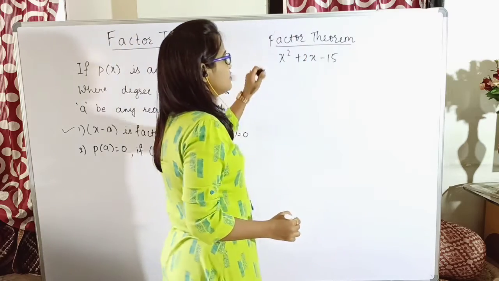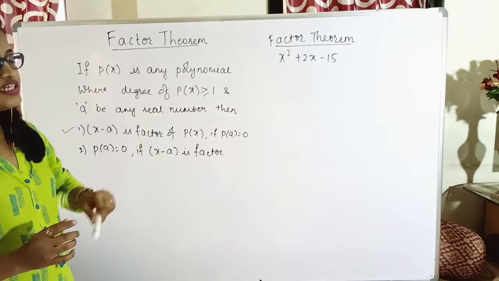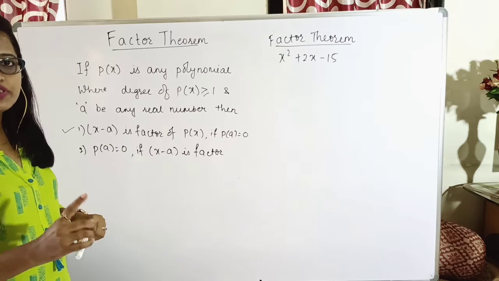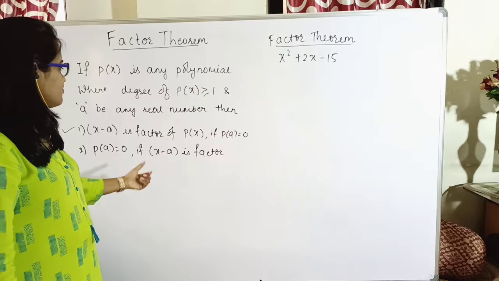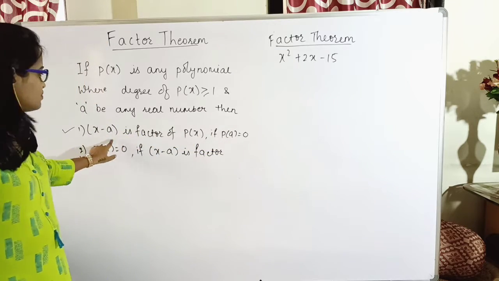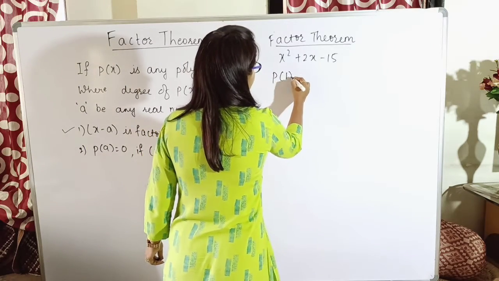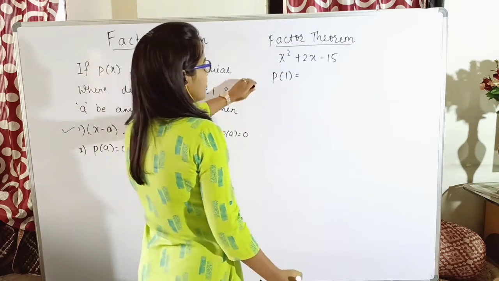Now according to the theorem, for whatever values of x, if you are getting the given polynomial to be 0, it means that will be the factor. Yes or no? If p of a is 0, then x minus a is the factor. So let us check. If I take p of 1, what will I get?